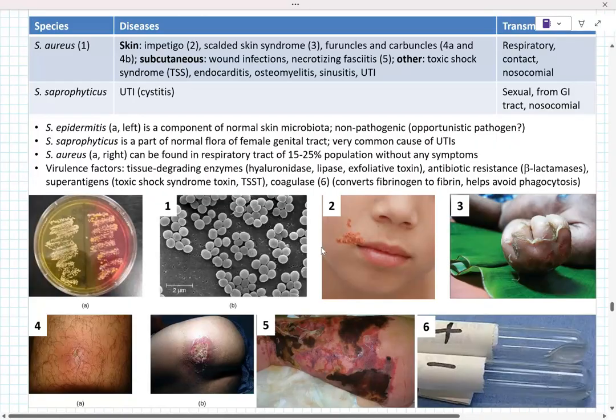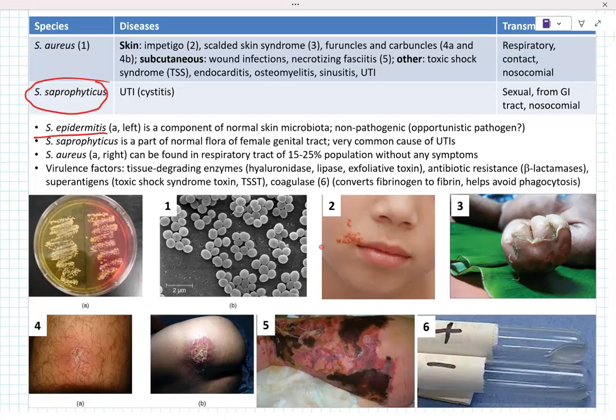So probably the poster child of bacterial infections is Staphylococcus. So we're going to talk about three species. I'm going to knock out Staphylococcus epidermidis, which is a normal microorganism present on human skin. It's not really a pathogen. Staphylococcus saprophyticus has a very narrow area of pathogenicity.